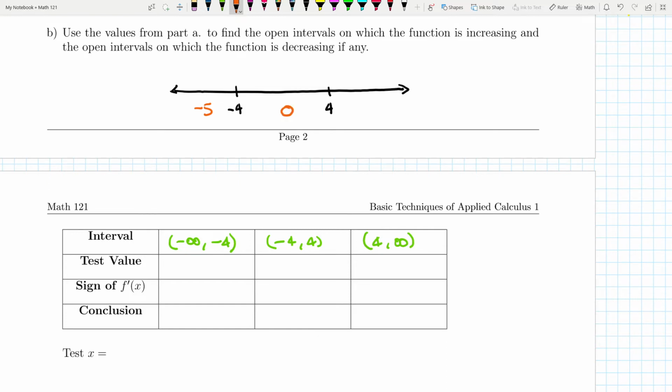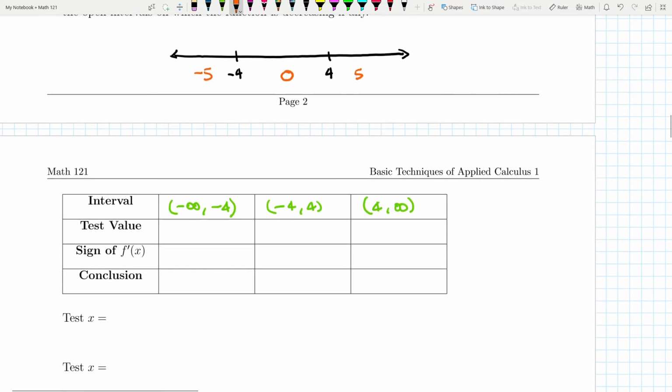Here I'm going to choose 0. However, you cannot choose critical numbers themselves or numbers that are restricted values from the original function. Well, in this case, there are no restricted values to the function, so this will be fine. And then for any value in the interval from 4 to infinity, I will just use the number 5.